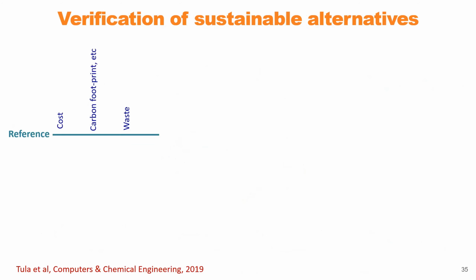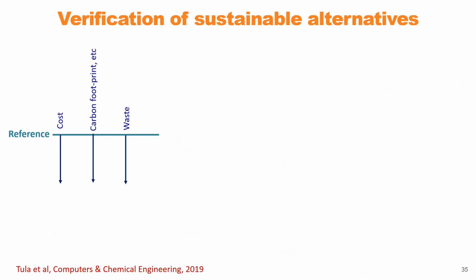So the final question is, how do we represent the alternatives? I will give you a simple diagram here with only 3 variables. One represents all the cost, another all the environmental impact, and another waste. What we want to do is to reduce them all.